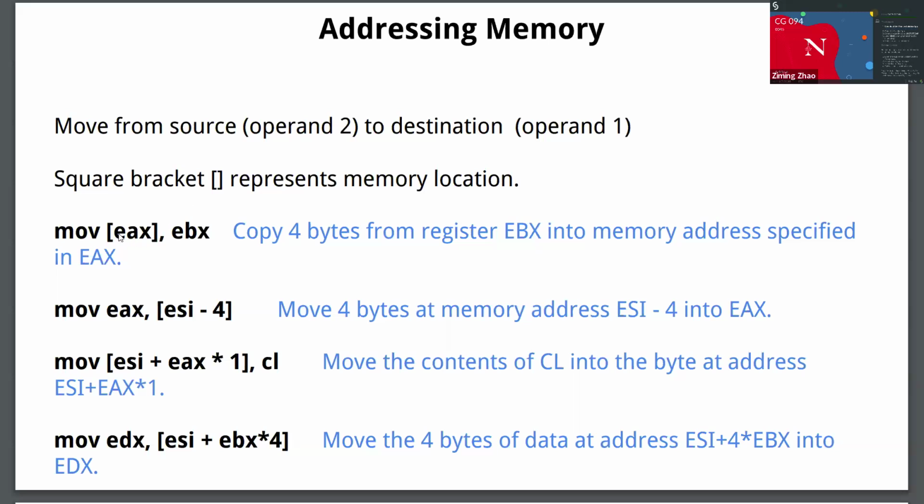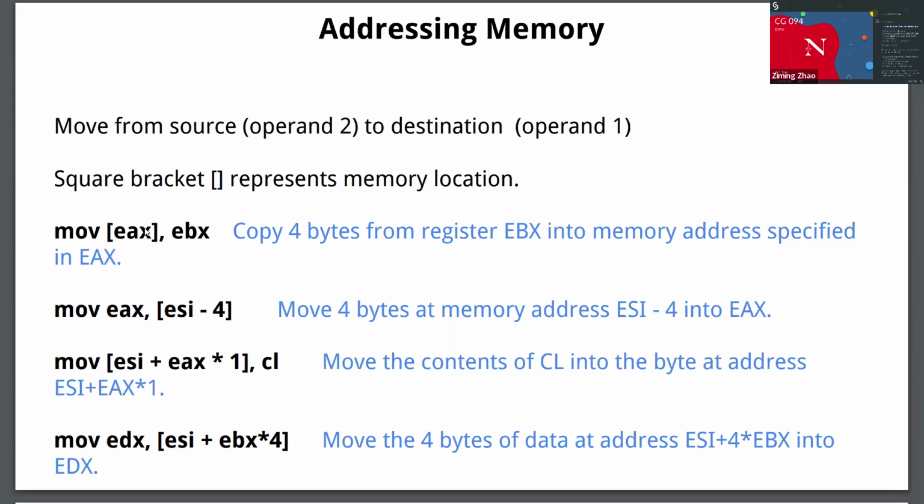The first operand is the destination, okay? Because of the bracket, this operand specifies a memory location, not a register. And the address of that memory location is in the register EAX, okay?